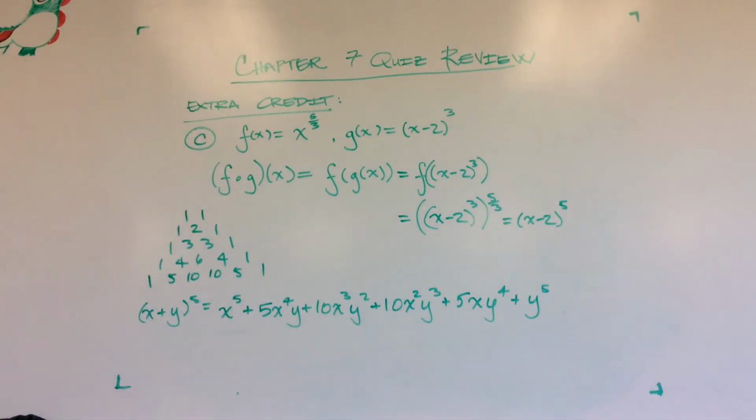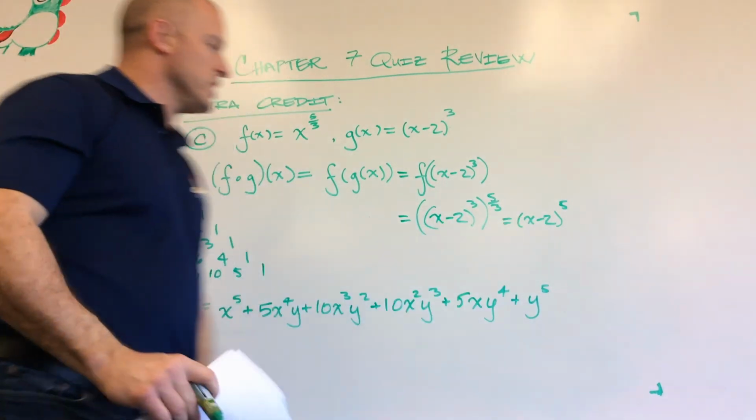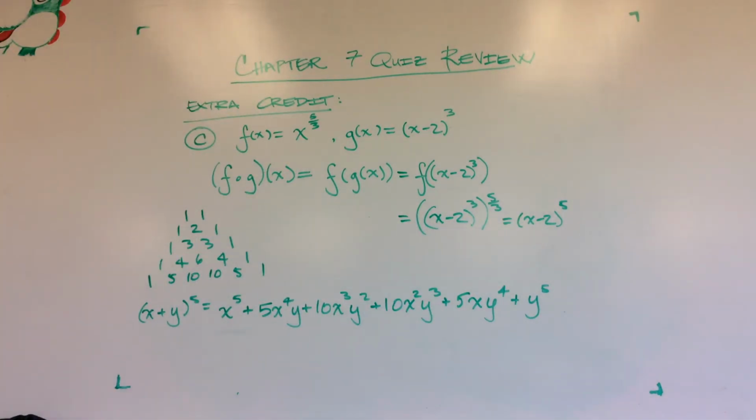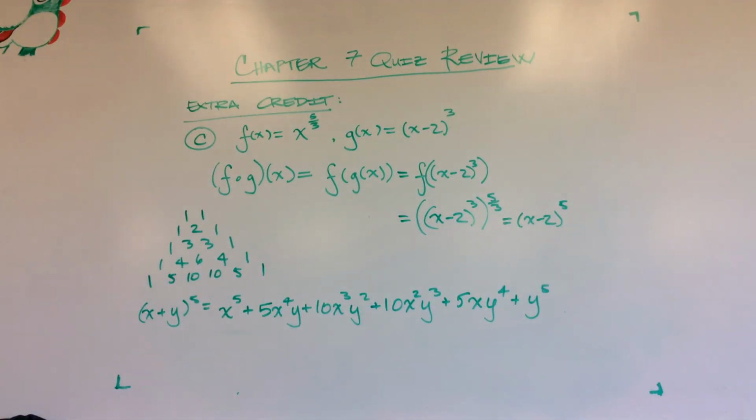All right, so we still have a little bit of work to do because we did a general x plus y, and our y value is really -2. So everywhere that we have a y value, we need to substitute in -2.